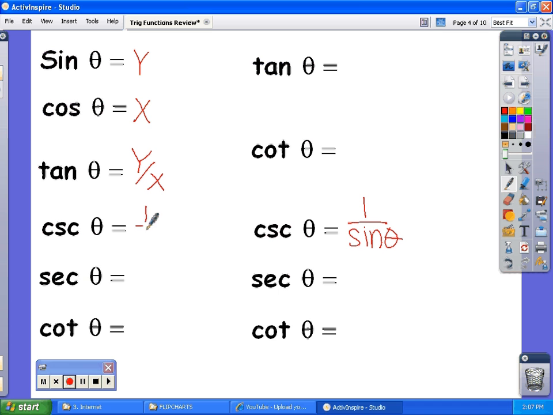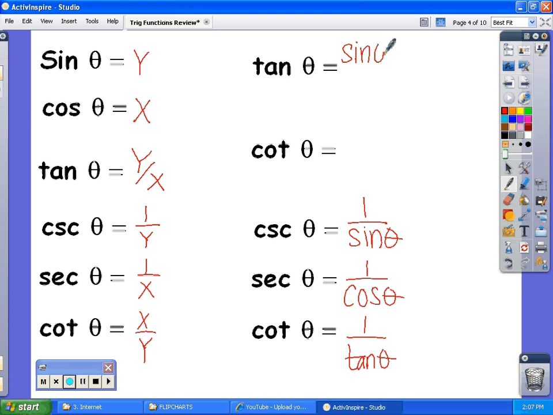Secant is the reciprocal of cosine. That'd be 1 over x. And cotangent is obviously the reciprocal of tangent. So x over y. Tangent is also the same as sine over cosine.